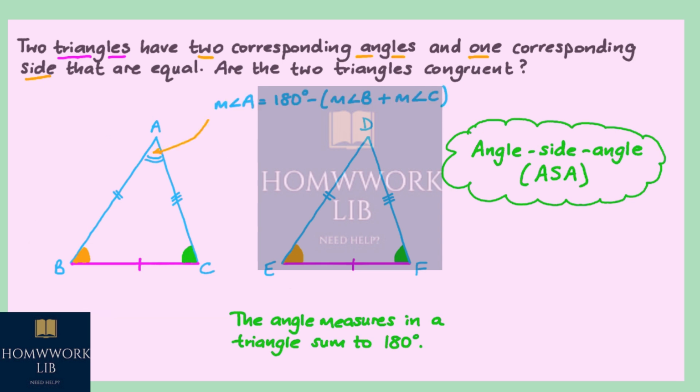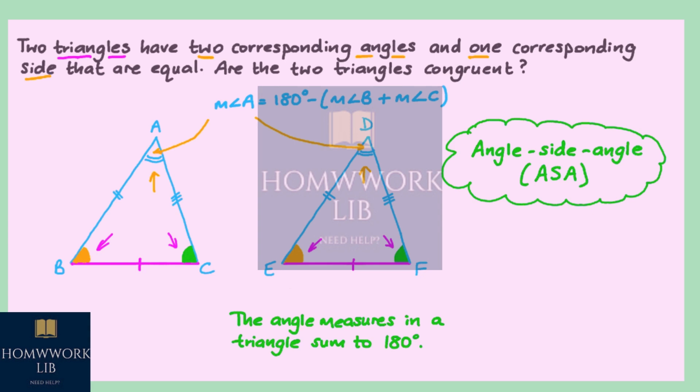So the measure of angle A is equal to 180 degrees, subtract the measure of angle B plus the measure of angle C. And because angles B and E are congruent and C and F are congruent, then the measure of angle D is also equal to 180 degrees minus the measure of angle B plus the measure of angle C. And that means that given we have two pairs of angles congruent in two triangles, then the third pair of angles in the triangles will also be congruent.